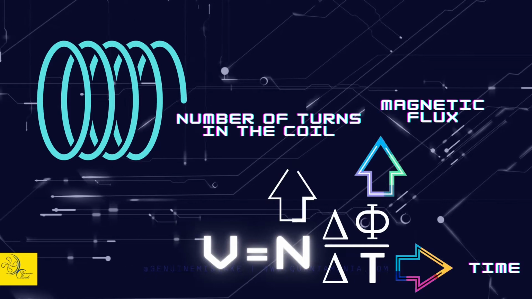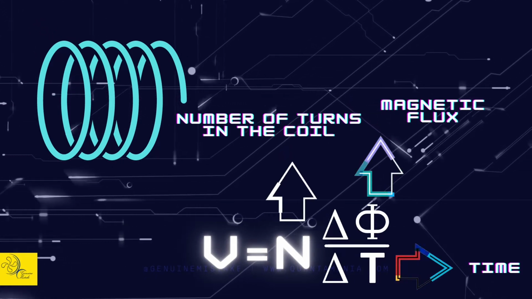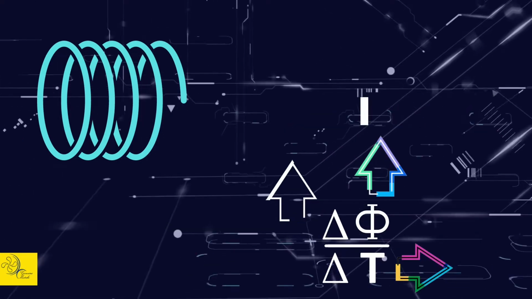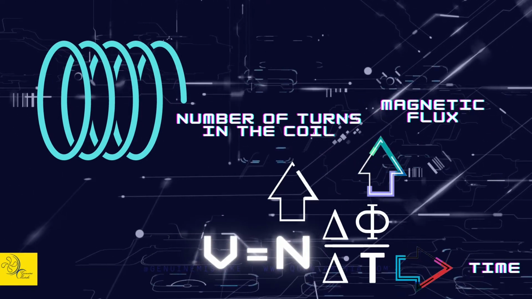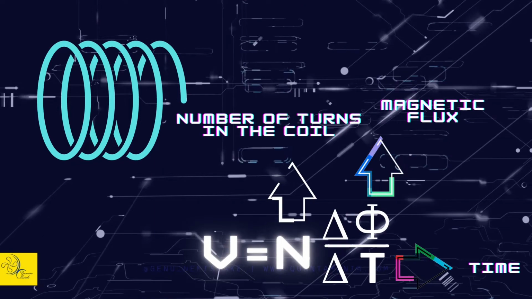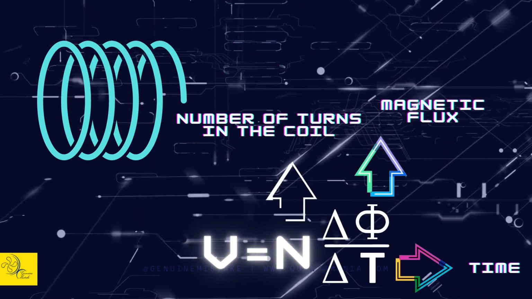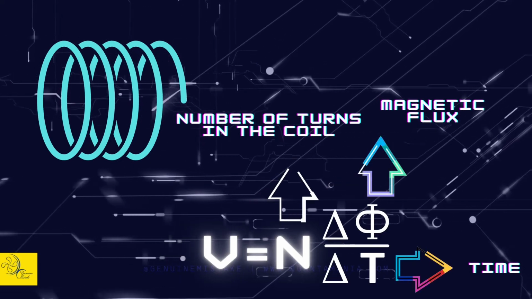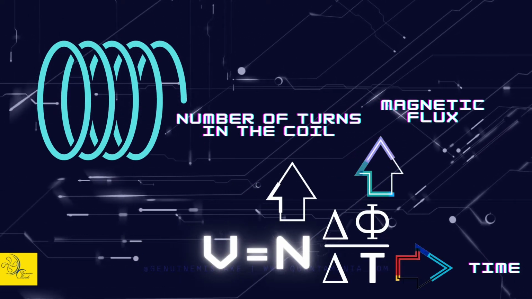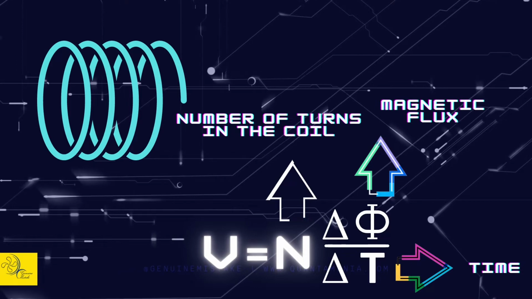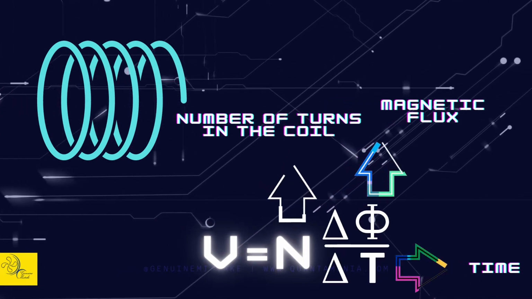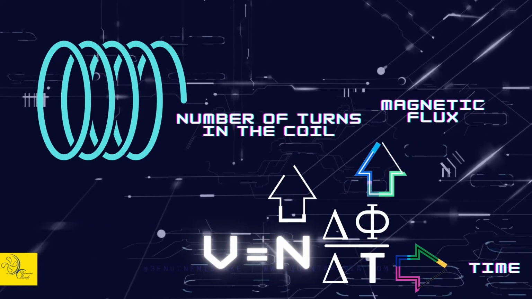So all the factors that we talked about are going to be in this formula too, but in a different way. For example, delta phi over delta t, which is the rate of change of magnetic flux over time, brings the velocity into the formula, but in its own form.